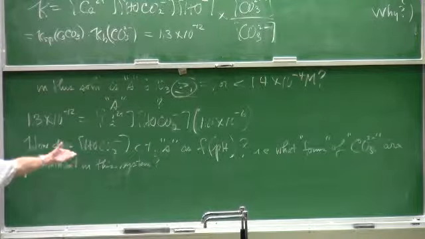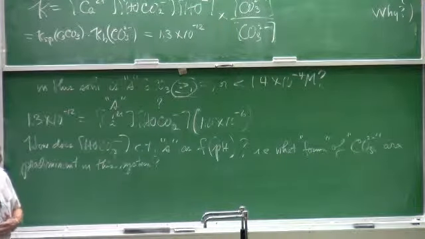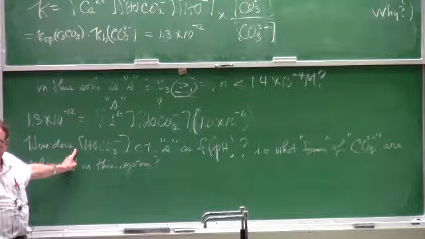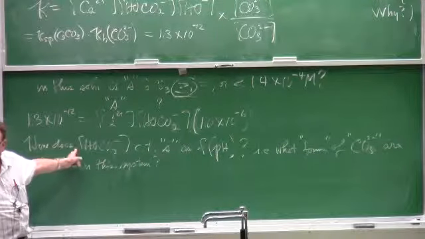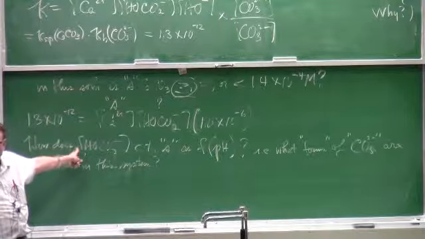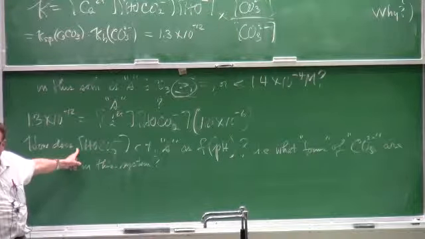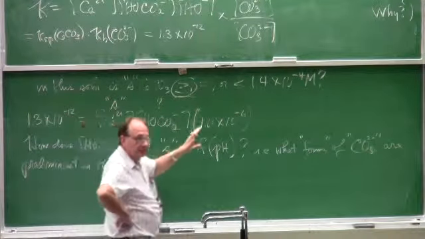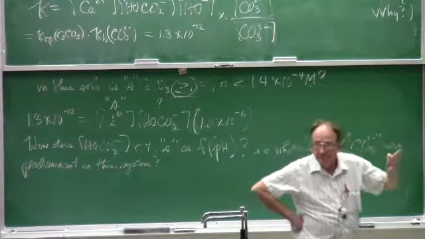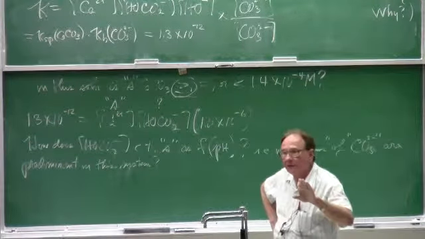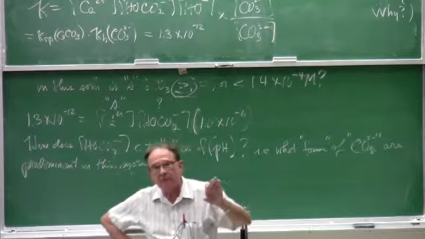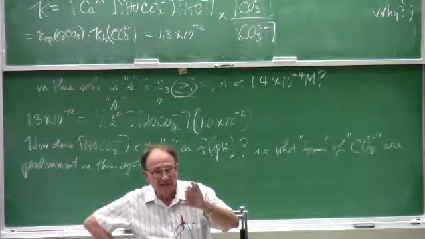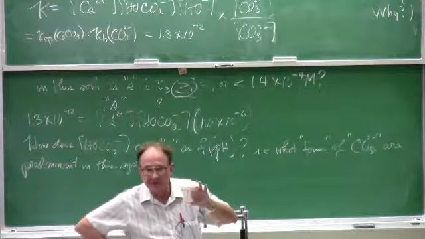Well, if bicarb loses H+, it goes back to becoming carbonate. And if bicarb gains H+, it becomes hydrated CO2. So what we're concerned about, to find out how the molarity of bicarb relates to S, is based on pH. What can we say about the relative molarities of the viable forms of carbonate-containing stuff? Because if we can answer that, we'll know how the bicarb molarity compares to S.